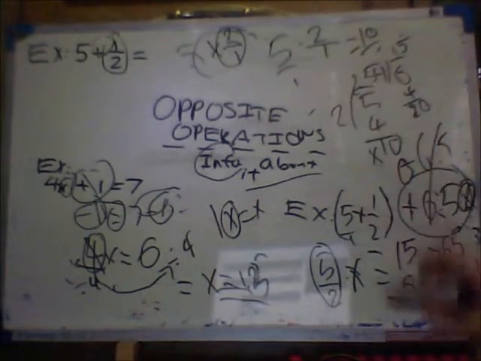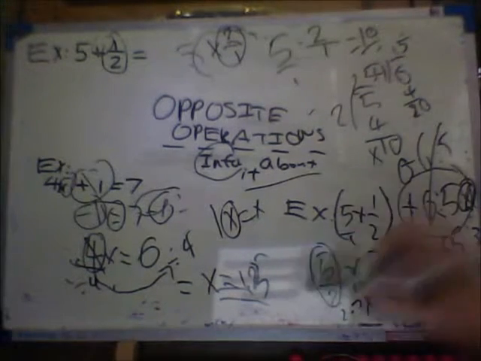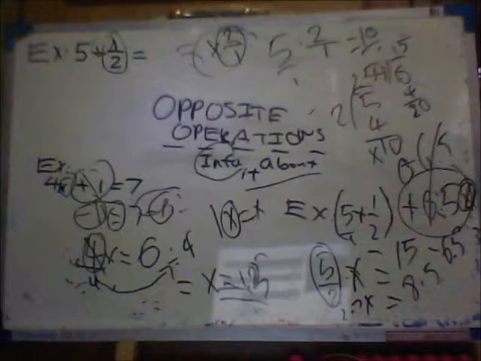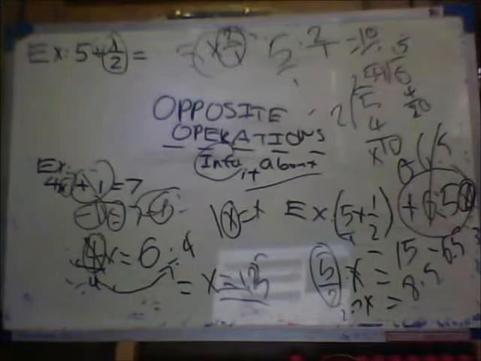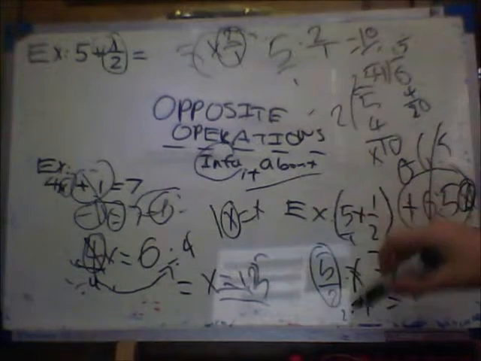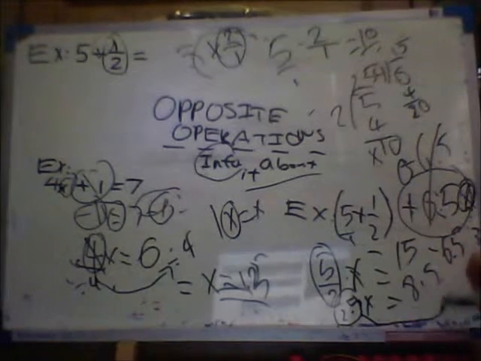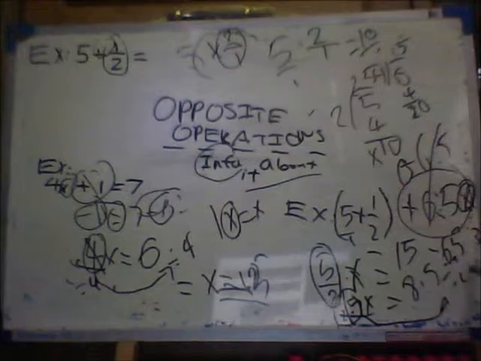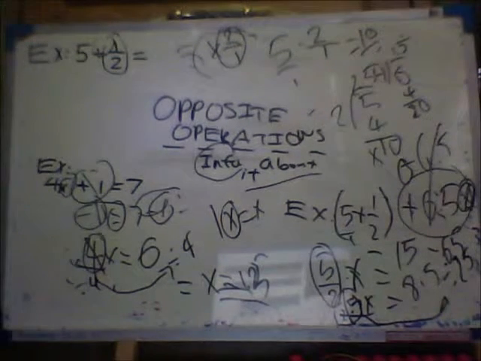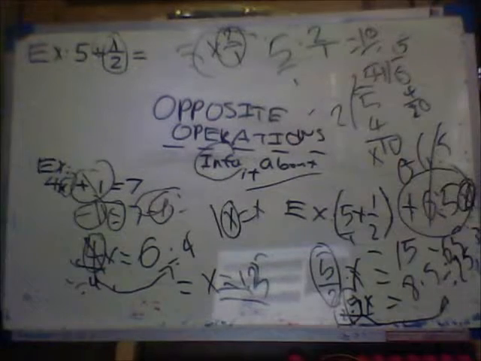Yeah, 2.5. So 2.5x equals 8.5. So what times 2.5 equals 8.5? To make things easier, you move 2.5 over here, which cancels this and divides by 2.5 here. So you do 8.5 divided by 2.5.